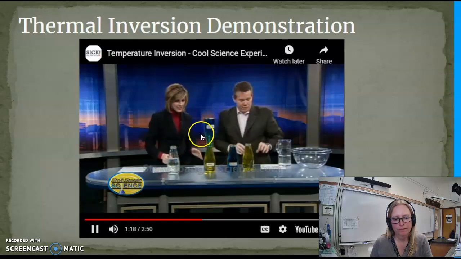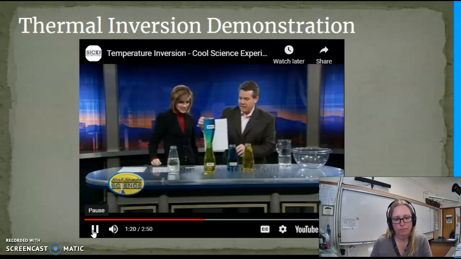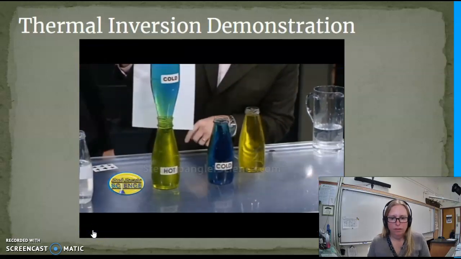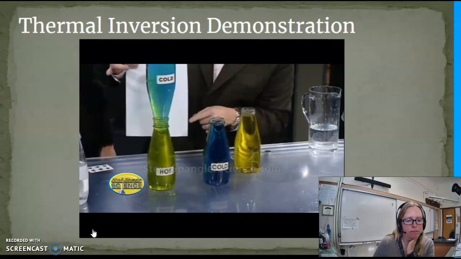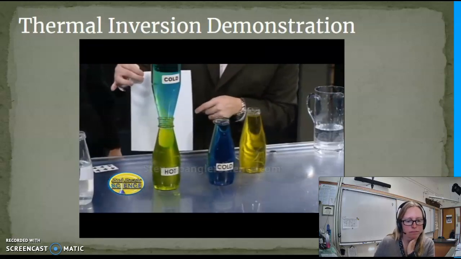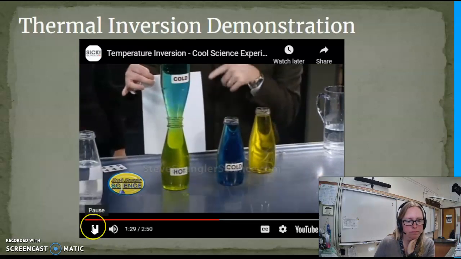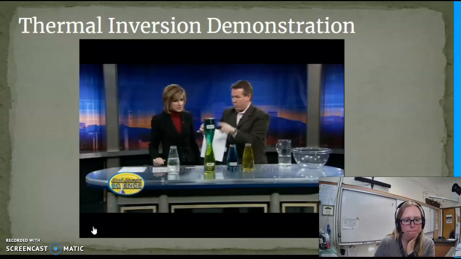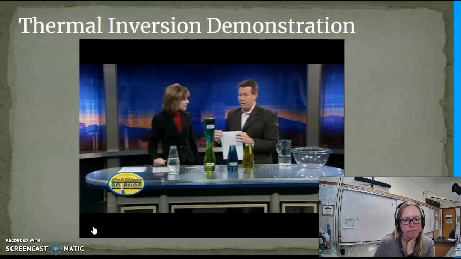Now we get this beautiful color mix. So you can see the mixing that's there. The warm rises, just like the air, and the cold goes down. You want the earth warming and the gases moving back and forth.